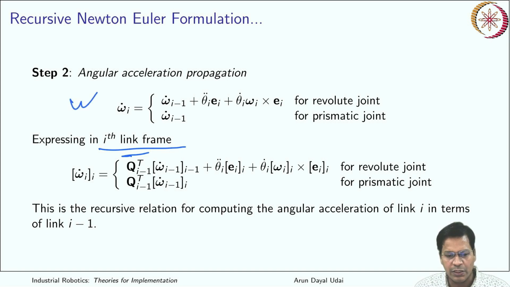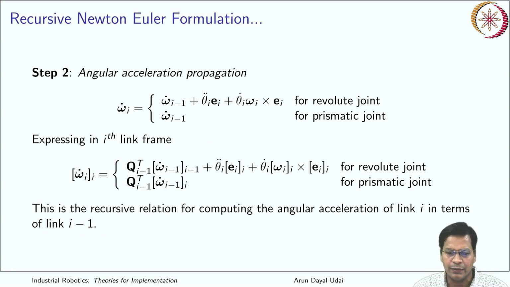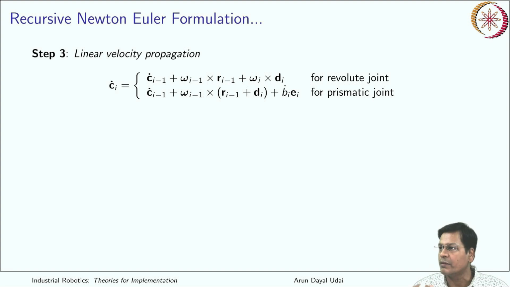So this equation in the ith frame can be written as this. This again is a recursive relation for computing the angular acceleration of link I in terms of I minus 1, so you are going forward again. So angular acceleration and velocities are done. Now the linear velocity and acceleration.